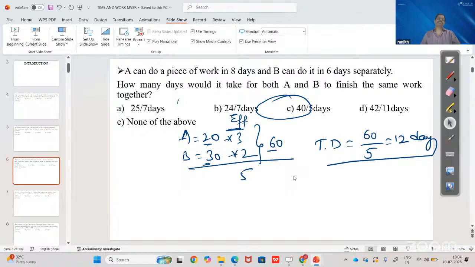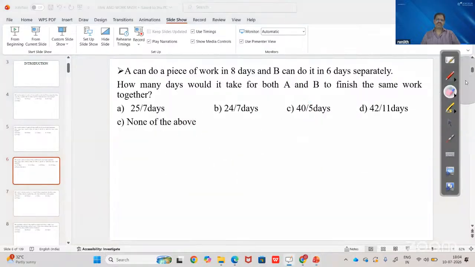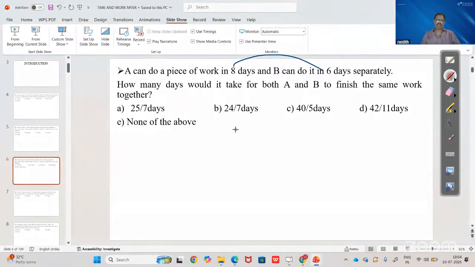Next. So here also same thing. A alone can complete the work in 8 days.